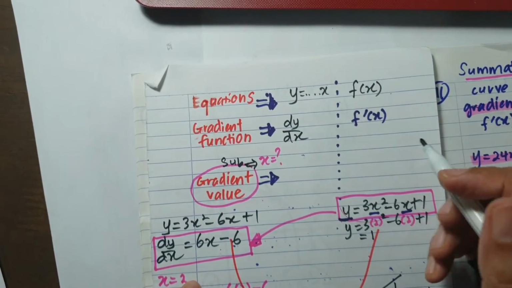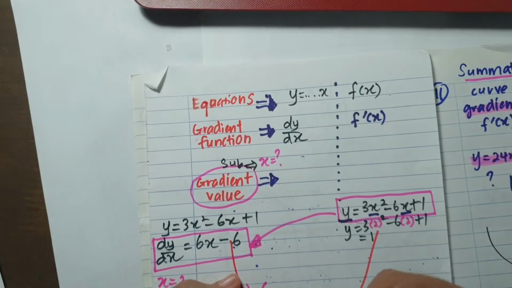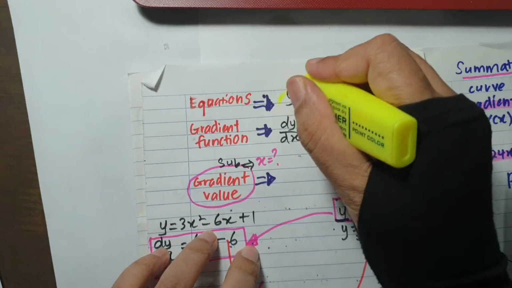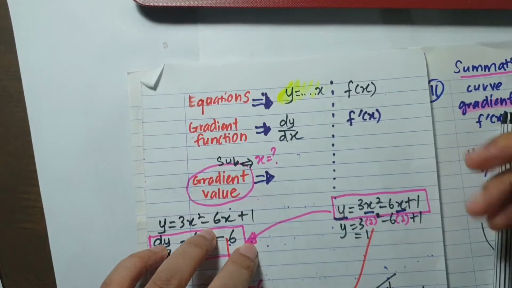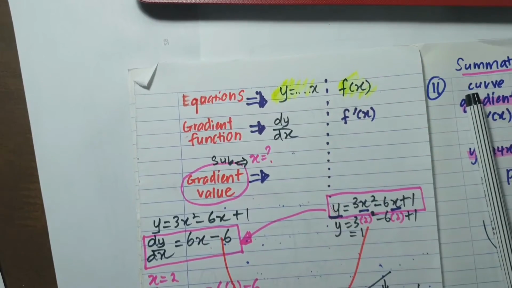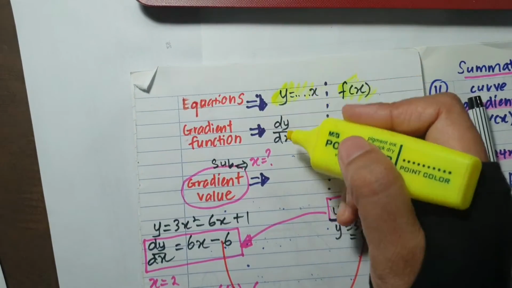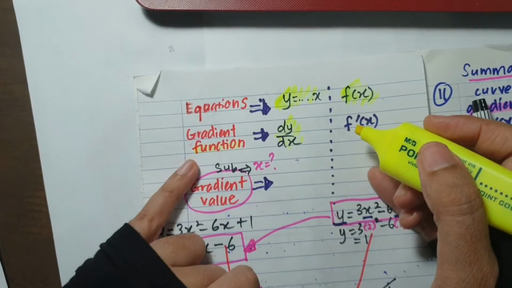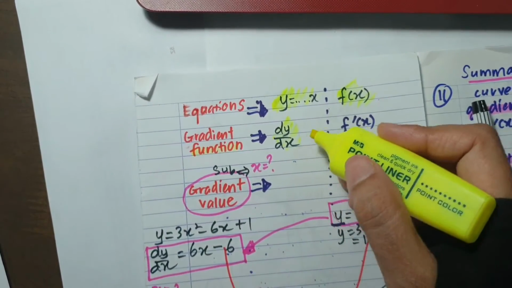So ingat, every curve dia ada dia punya nama dia sendiri, where it is actually y. Equation of the curve, okay, kita selalu guna y sebagai subjek ataupun fx. Okay, and then from y you can find dy by dx, where it is the gradient function of the curve. We call it gradient function because it is in terms of x.